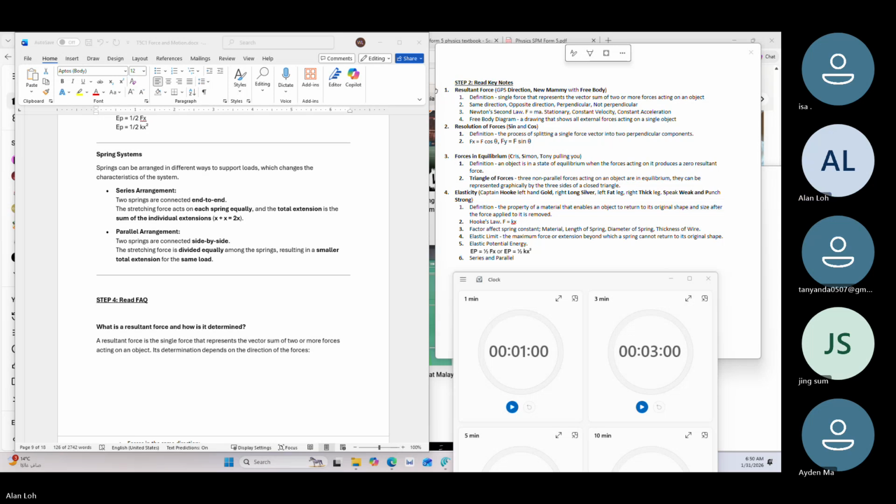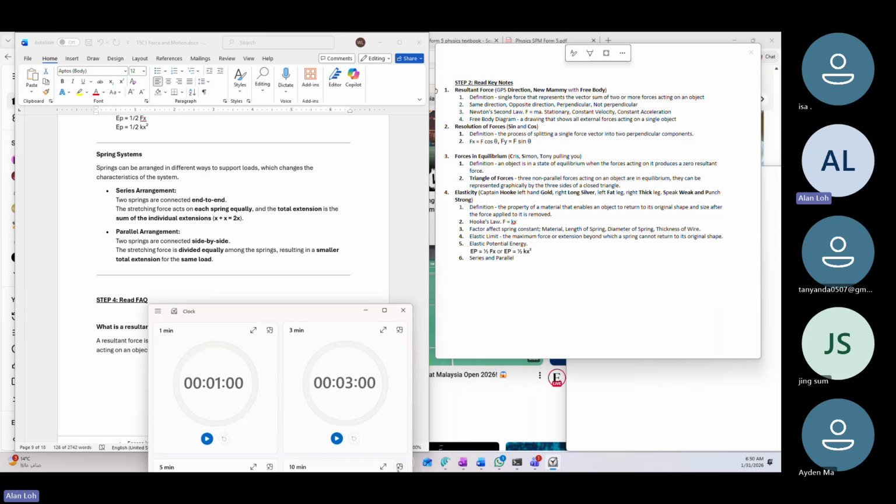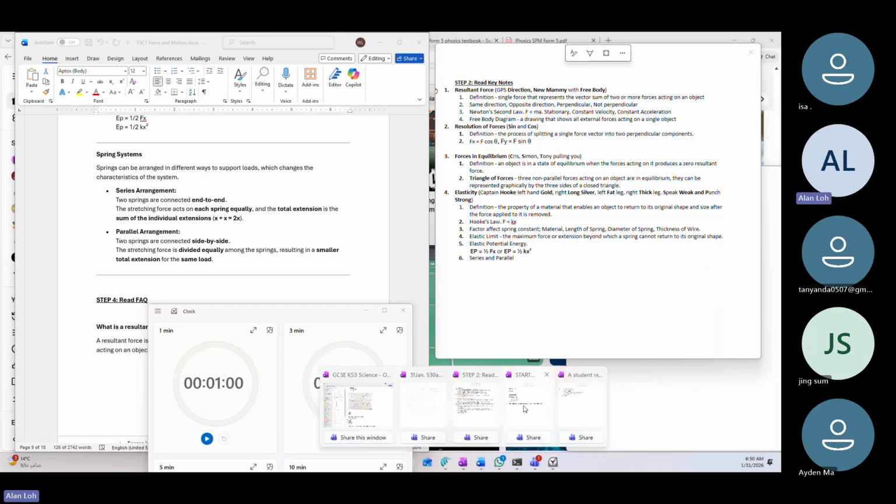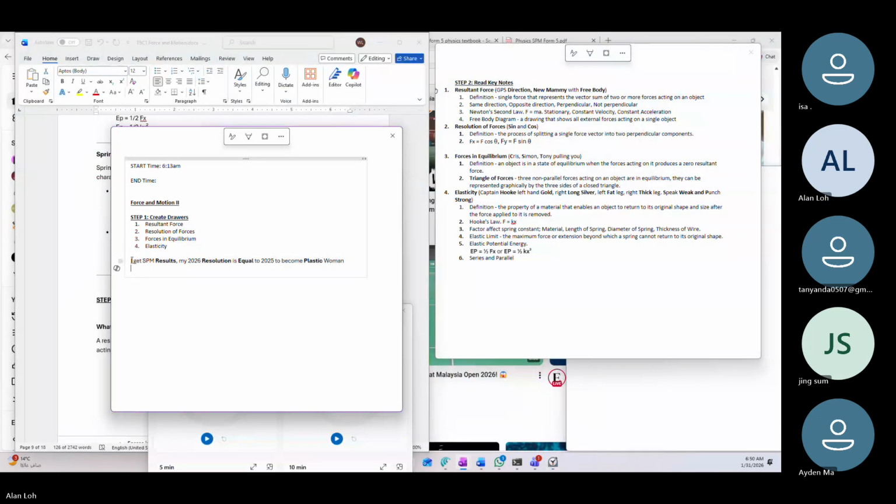So Aiden and Jim Sam and Xingling, I hope you also remember the drawers. That's why it's good for you to write down the story. Where is the story? Yes, this one.